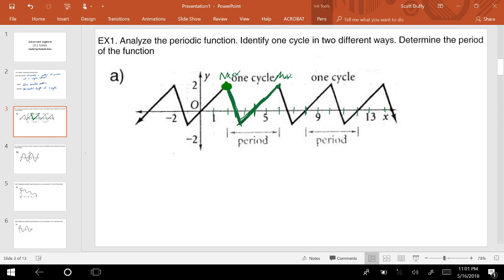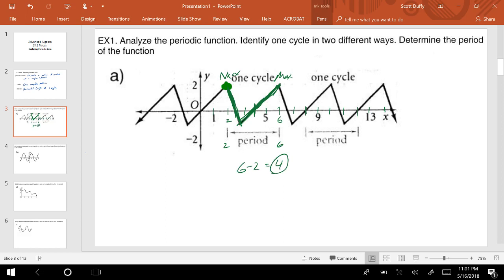Okay, that's on the x-axis. Now, what we see is that the period that we shaded in goes from 2 to 6. The period is that distance between 2 and 6. So all you have to do is subtract those two numbers, and you get a period of 4.